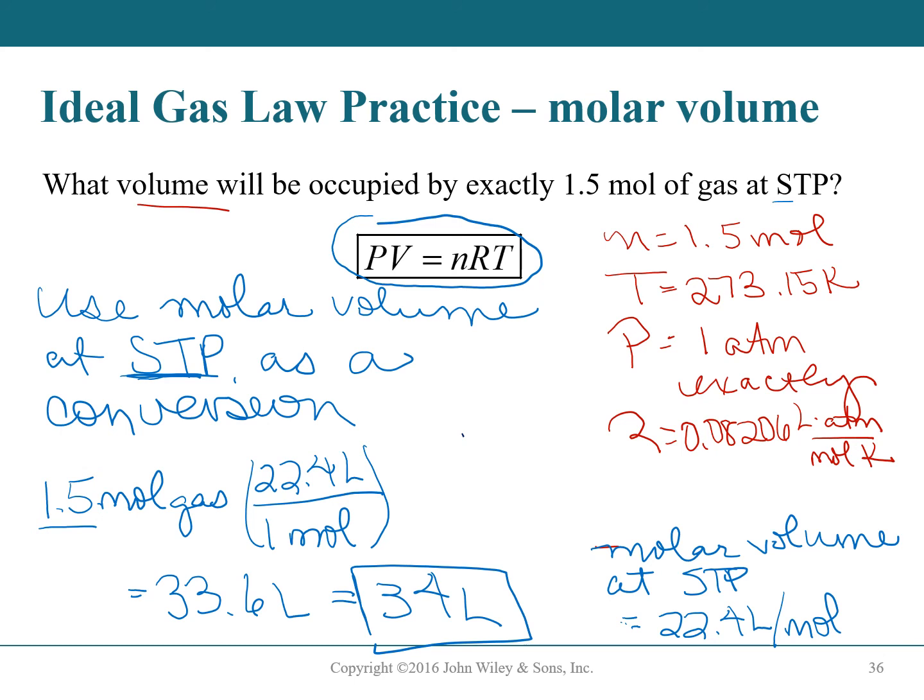If ever in doubt, just go through the ideal gas law, because that is actually how we calculate our molar volume. So you can use molar volume at STP as a conversion factor, or you can just use your ideal gas law for this problem.